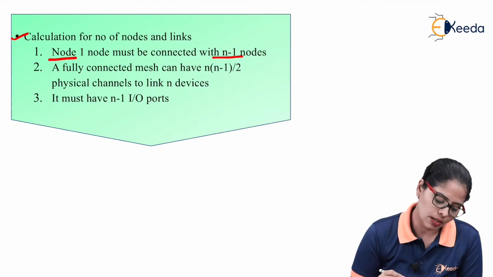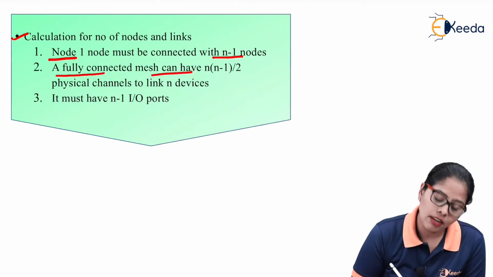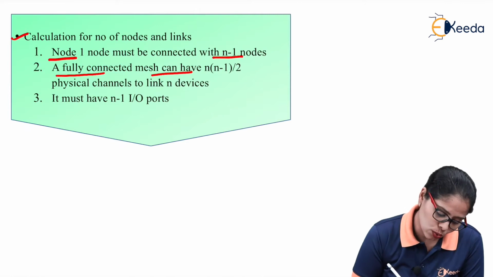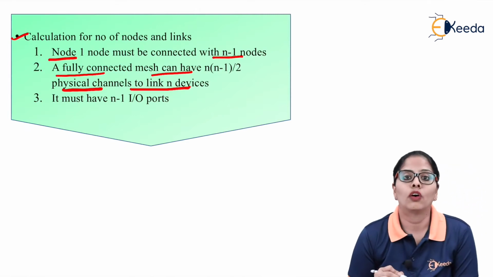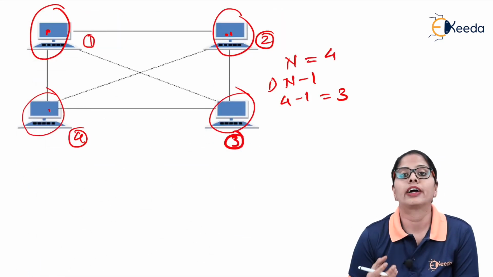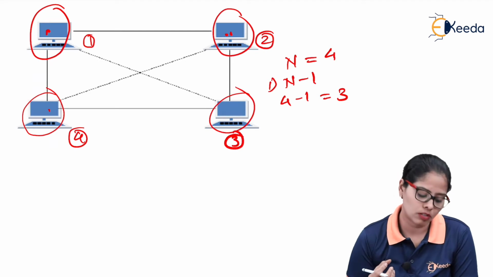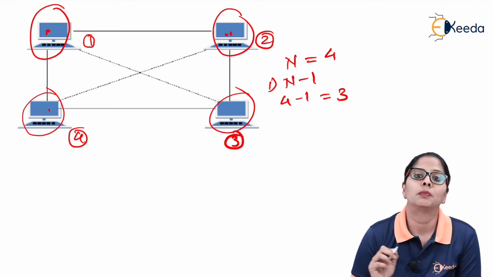Now let us discuss the fully connected mesh, which has n(n minus 1)/2 physical channels or links for the devices. Now let us discuss how to find the number of cables. Now for example, how many cables are there in the mesh topology?